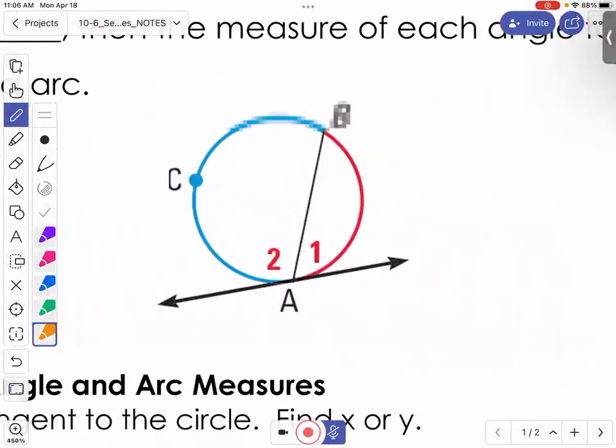So very much like an inscribed angle that had its vertex on the edge of your circle made from two chords for the sides, it's a similar rule here. You're still looking at an angle with a vertex on the edge. So almost like an inscribed angle.